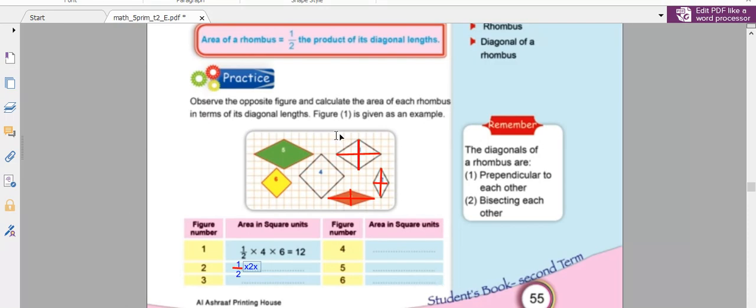Let's count the units to get its length: 1, 2, 3, 4. So it's 4. It equals half times 2 times 4. We know that half times 2 equals 1. 1 times 4 equals 4.